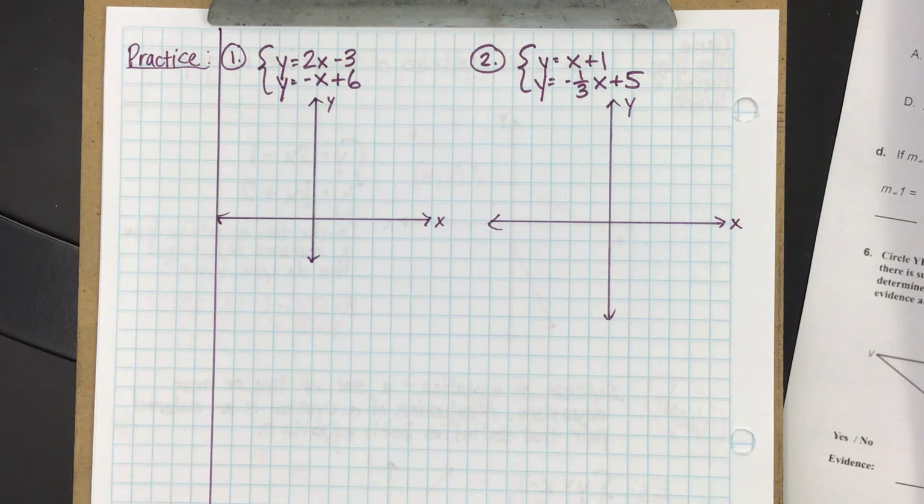If you get a solution and you check it and it doesn't work, then you probably made an error in your graphing. So then just double check your graph, make sure it's good.